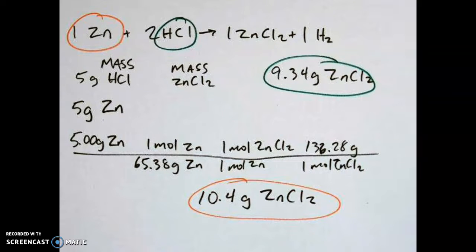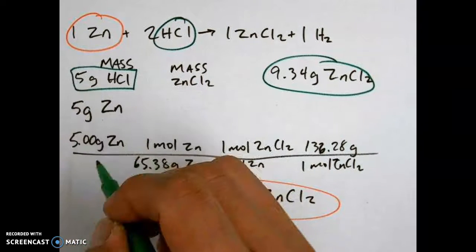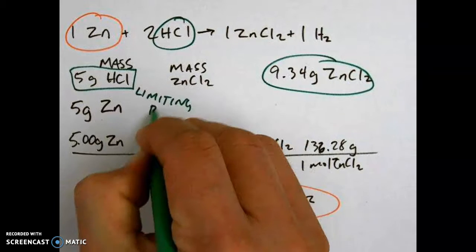Green or orange? I was just recorded, I said green was orange. So green is the smaller one, yes? So that means that's the limiting reactant. So the 5 grams of HCl is going to be your limiting reactant.